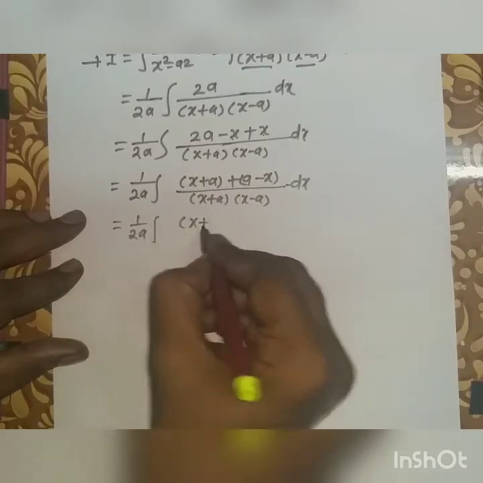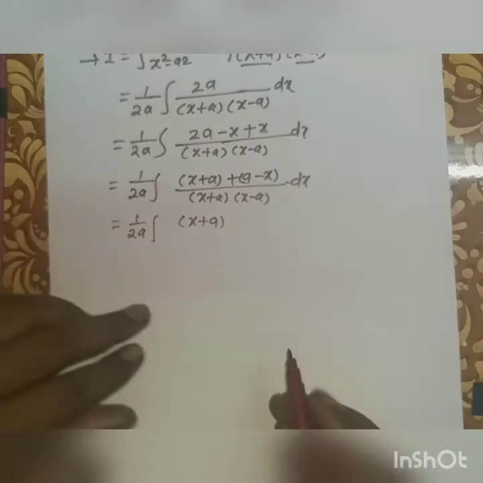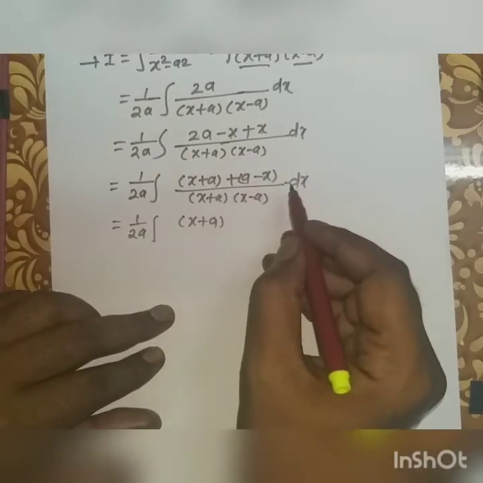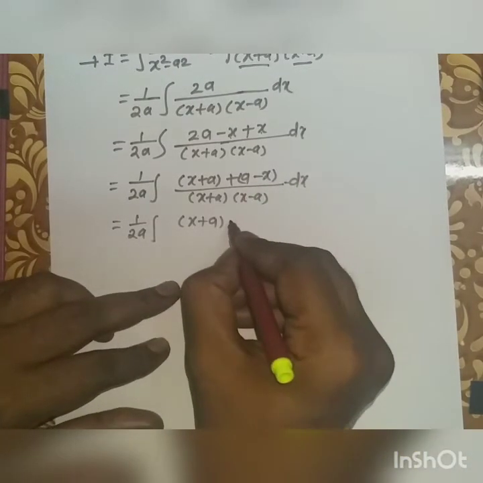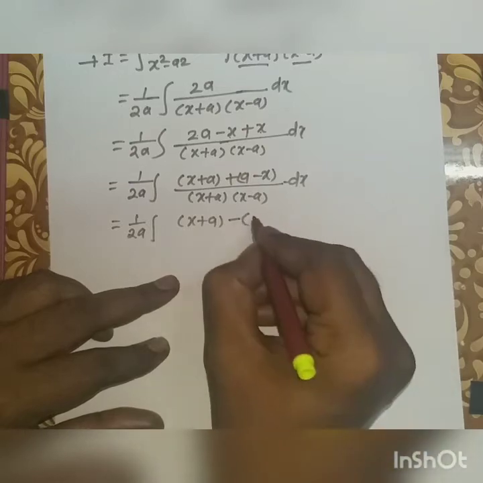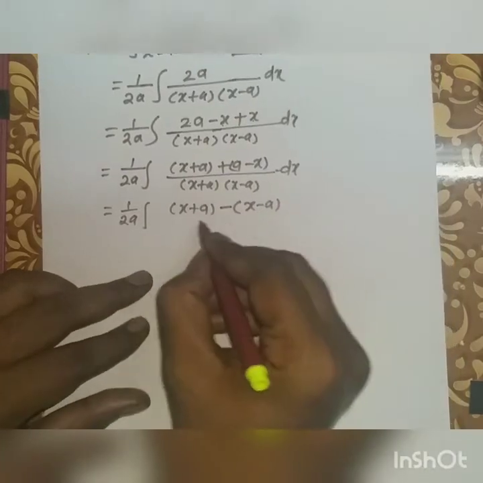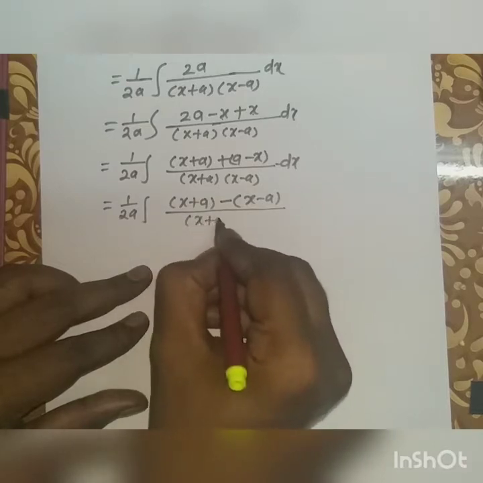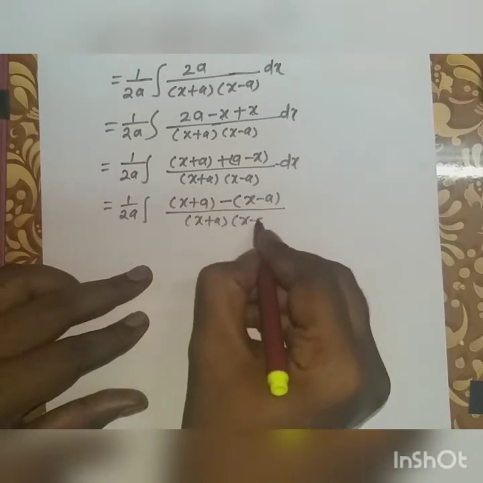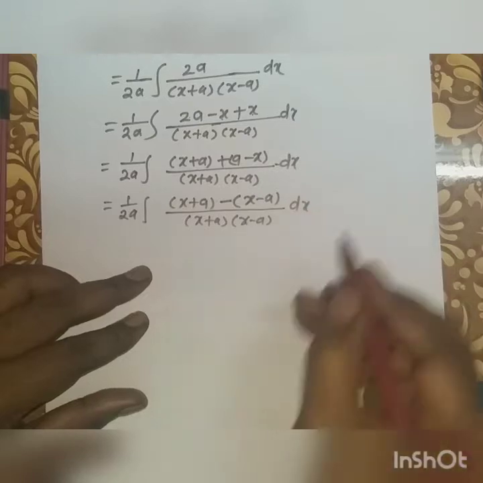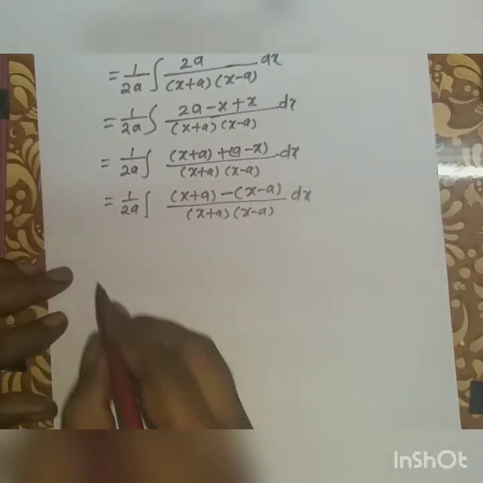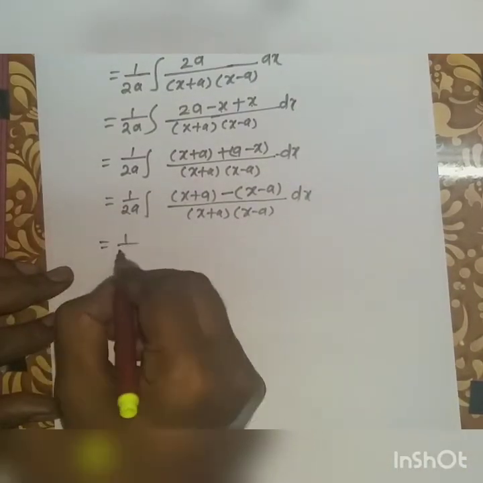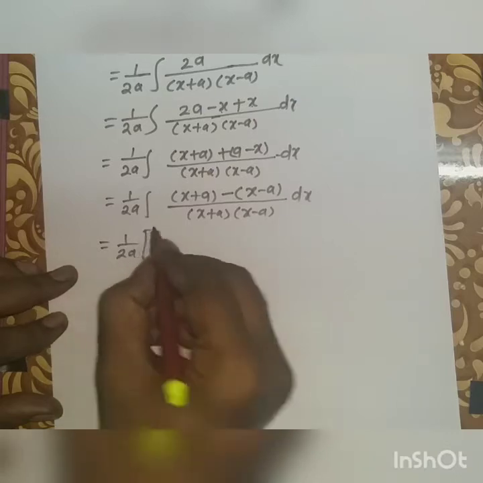First bracket is x plus a, we get x plus a. But in the second bracket a minus x, we want x minus a. Take minus common, minus of bracket x minus a, then divided by x plus a into x minus a dx is equal to 1 divided by twice a, square bracket.